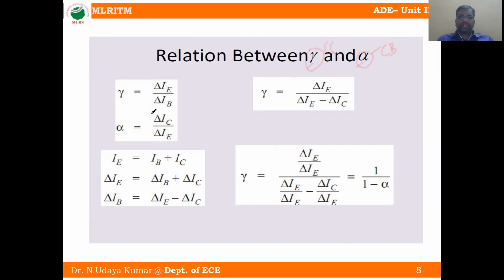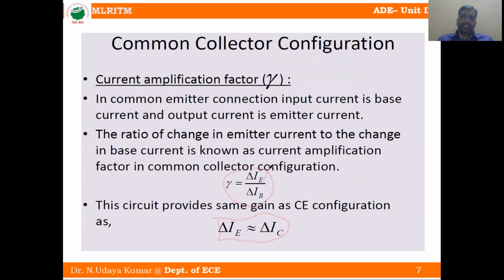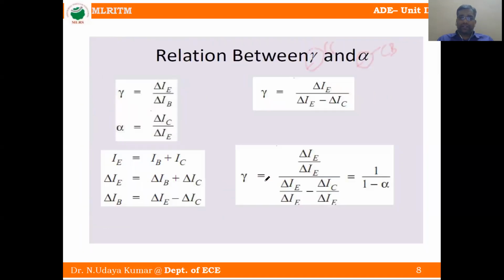We know gamma is the change in IE by the change in IB. Similarly, alpha, where the base is common, is the change in IC by the change in IE. We know these things already.